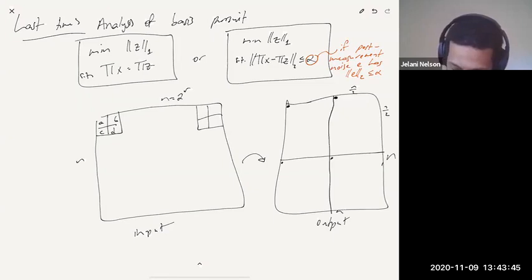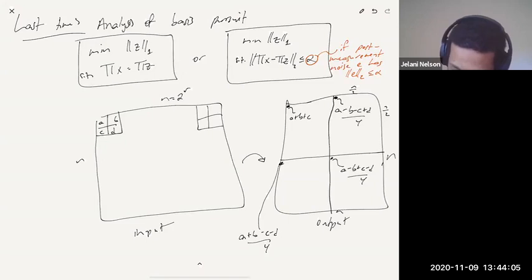And what are each of these 4 numbers? This one is going to be (A plus B minus C minus D) over 4. This one is going to be (A minus B plus C minus D) over 4. This one is going to be (A minus B minus C plus D) over 4. And this one is going to be (A plus B plus C plus D) over 4.